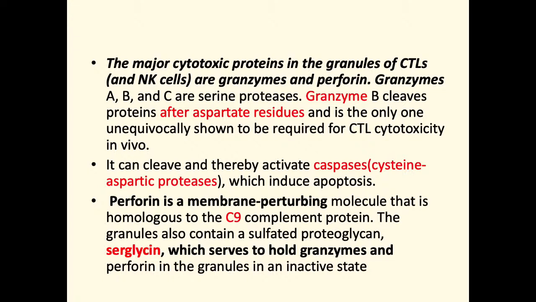There are many proteins, beginning from C5, C6, 7, 8, and 9. All those are called the membrane attack complex, which leads to development of holes in the bacteria. So perforin has the same function, to produce holes, and therefore granzymes will get into the cells. So you should also know what C9 is.